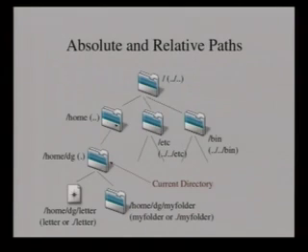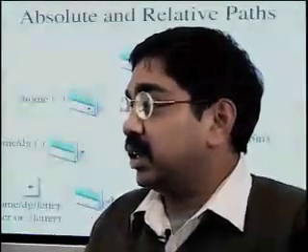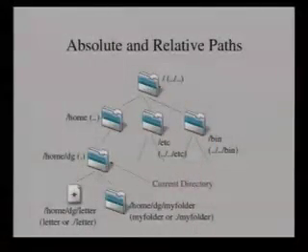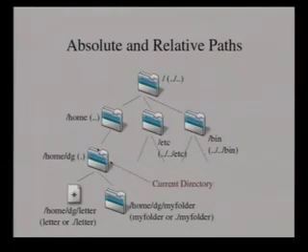As I said, dot is used to refer to the current directory itself, and the relative path for this directory, namely /home, would be dot dot, because as I said, dot dot is used to refer to the parent directory of the current directory, and similarly the relative path for the root directory would be ../.., because it is the parent of the parent of the current directory.